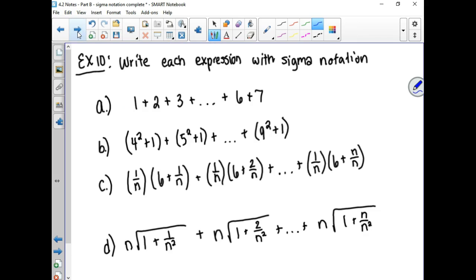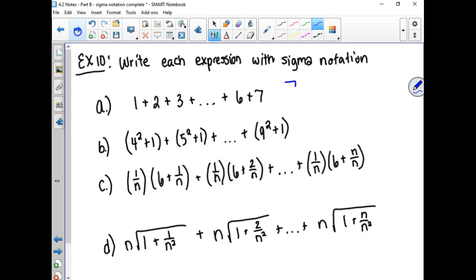All right. The next thing I want us to look at is we need to be able to take a series and write it with sigma notation. So we need to be able to take what we've got here and go to something that's written with sigma notation. So if I look at A, I'm going from 1 to 7. It just looks like I'm counting, right?